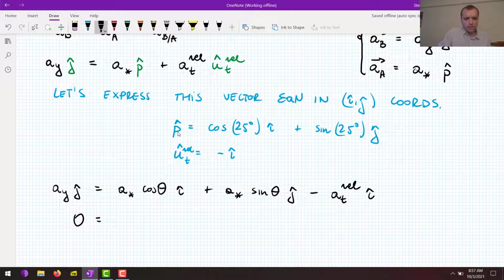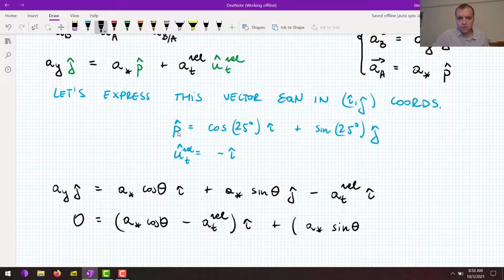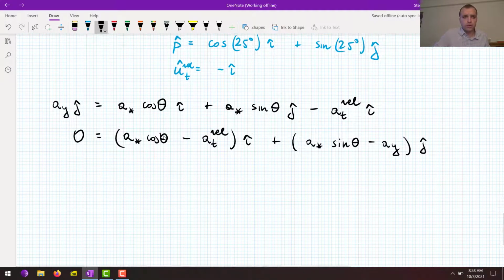So we will end up with a star cosine theta minus atrel times I plus a star sine theta minus ay times j.